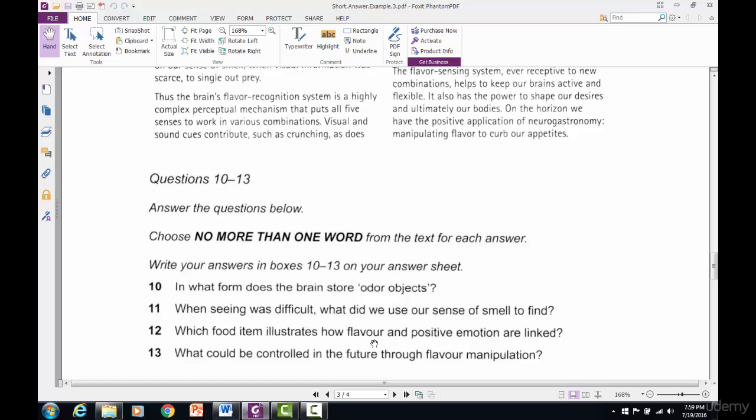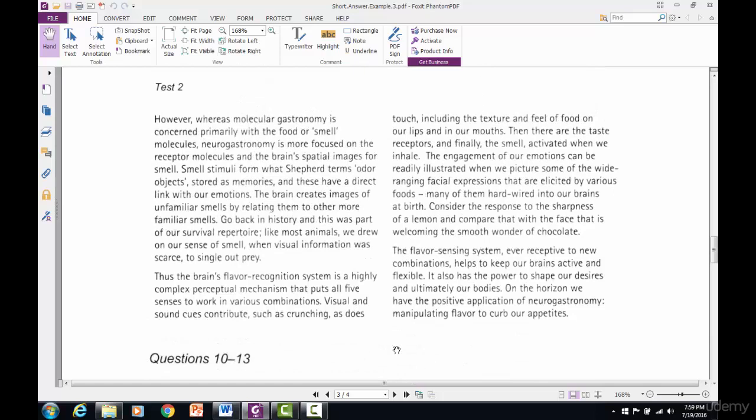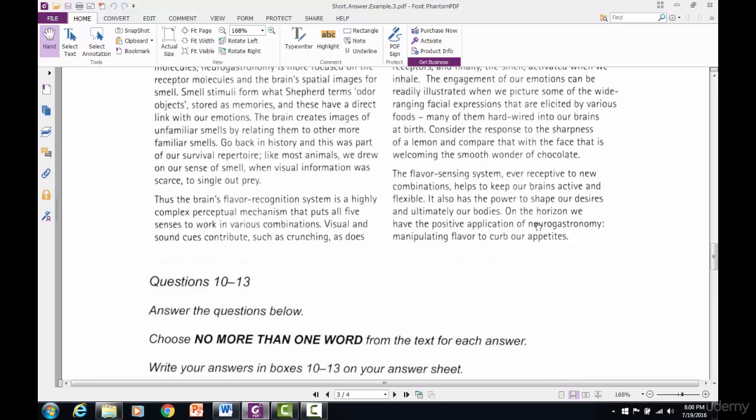Which food item illustrates how flavor and positive emotion are linked? Again, it goes in order, so number 12 has to come after. I'm looking for a food item, so that's going to be pretty easy to find. Here, lemon. All right, lemon and chocolate. Positive emotion.